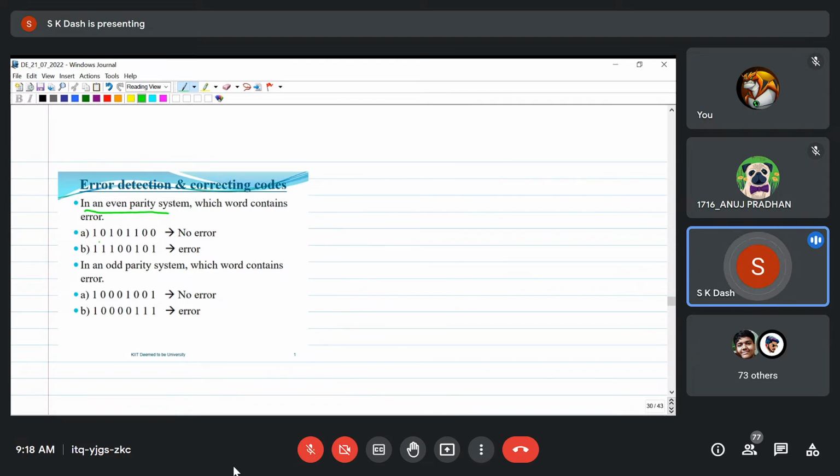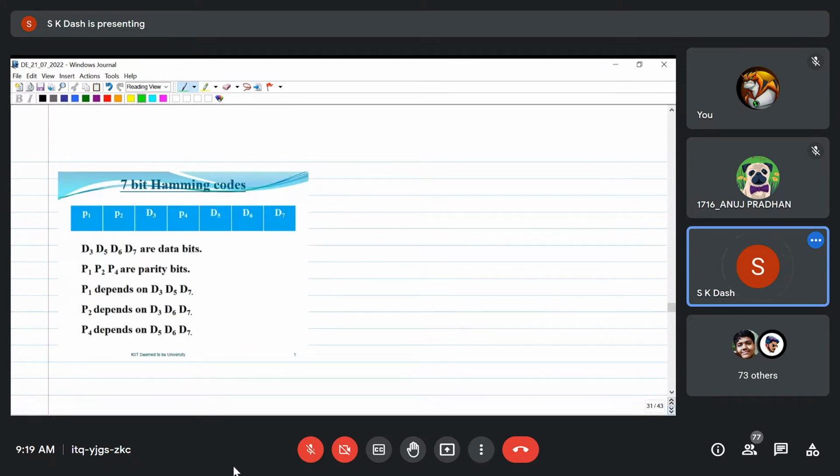So here we are using the even parity system, and this is what you are getting in place B. Does it contain an error or not? We need to count the number of ones: 1, 2, 3, 4. Even number. That's why no error. Here 1, 2, 3, 4, 5. It becomes an odd number, which means it contains an error. The same thing applies for the odd parity system.